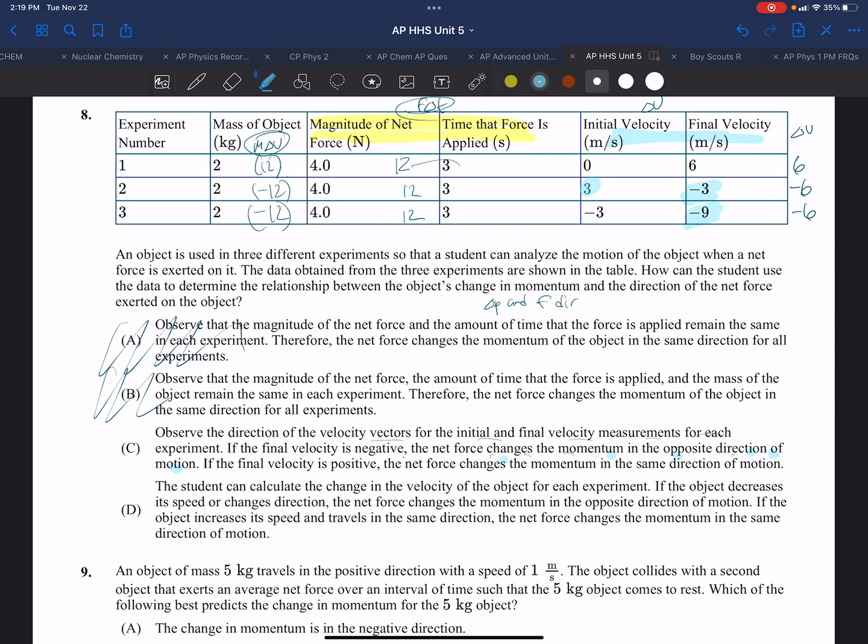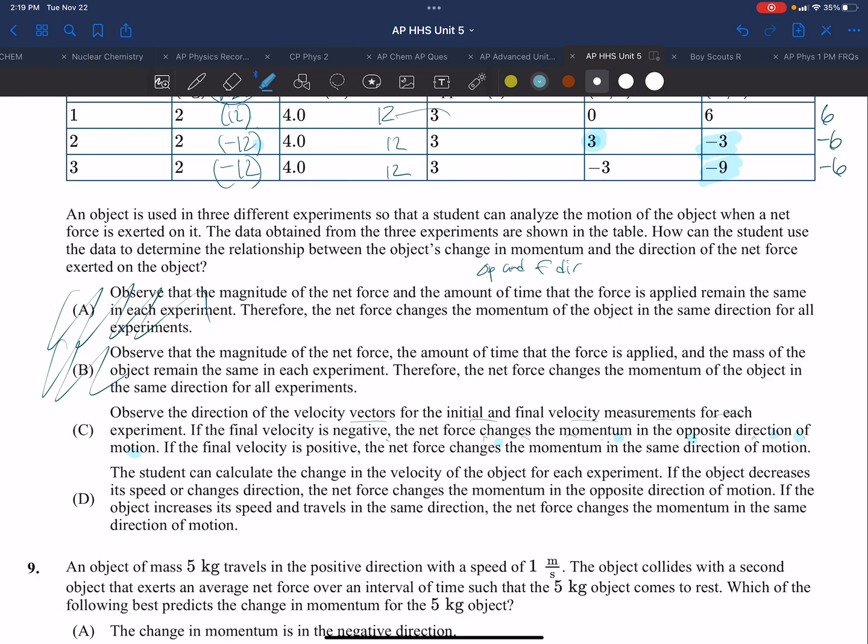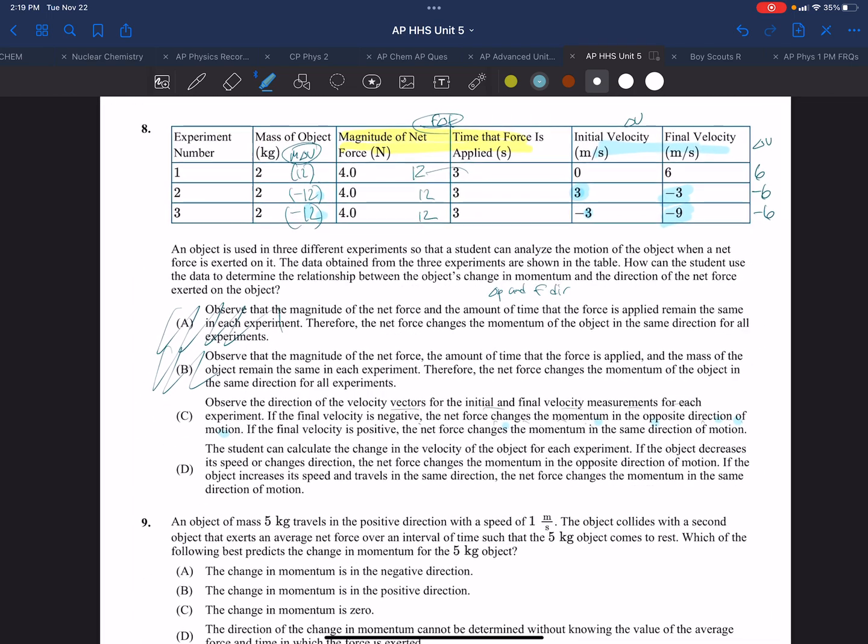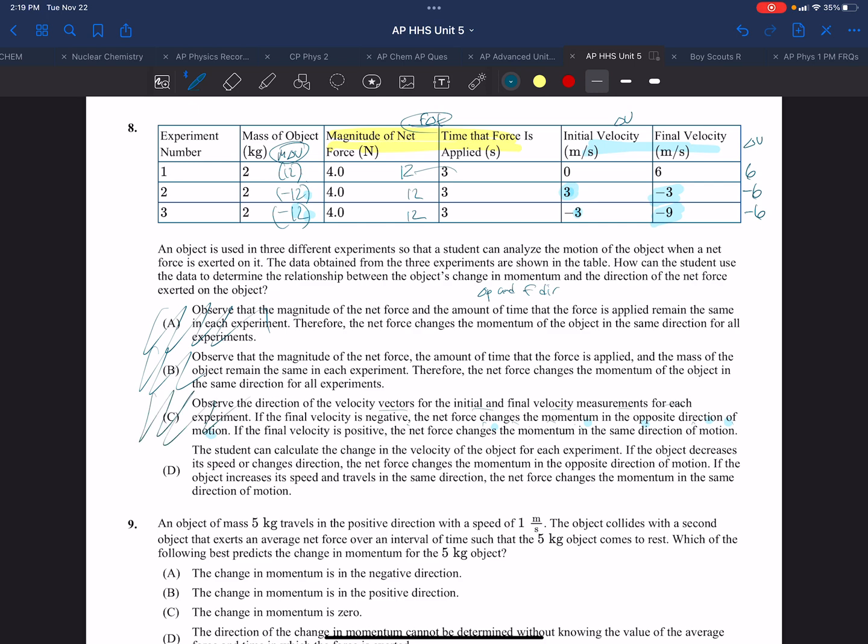So if you look at the motion, the original motion was 3 and the change was minus 12. So indeed, that's opposite. But here we have minus 3 and minus 12. That's the same direction. So that's just not a true statement. So it looks like we're at D all around.